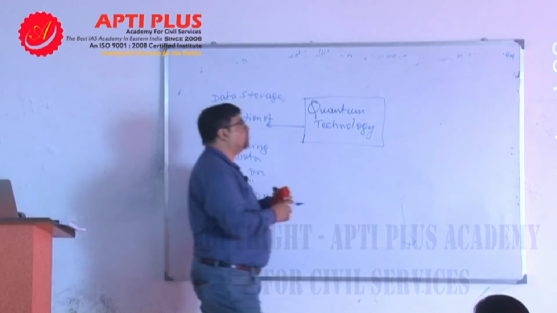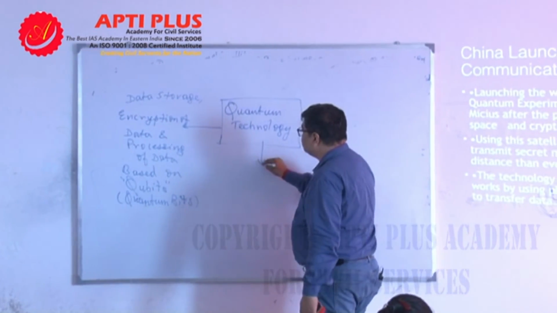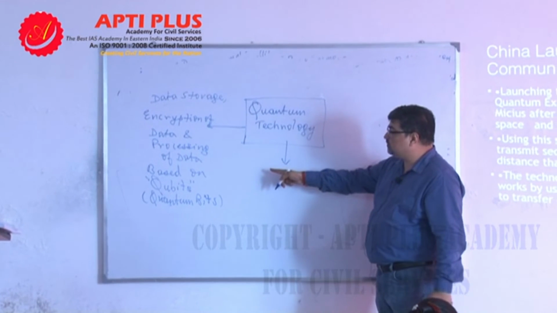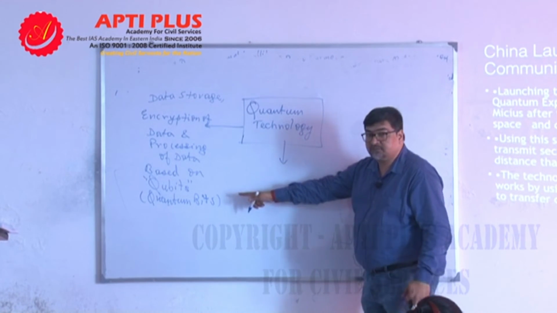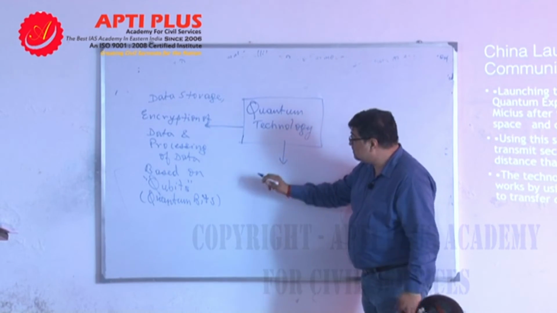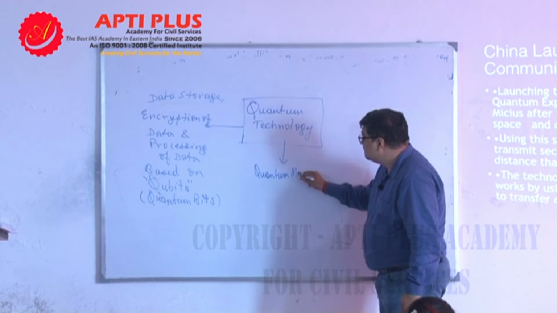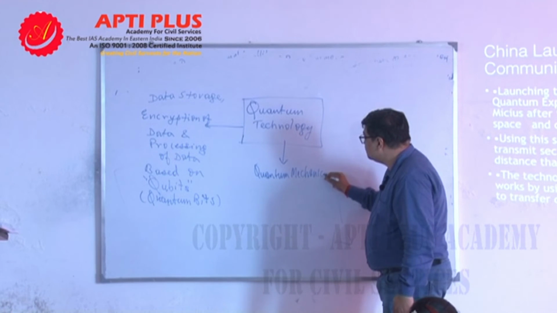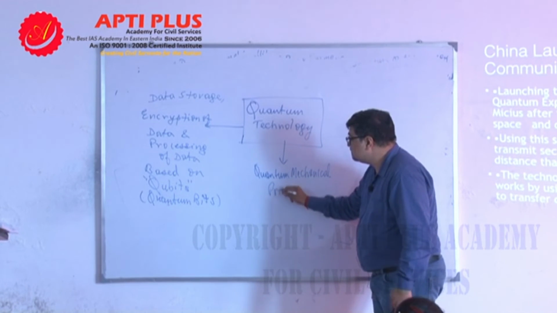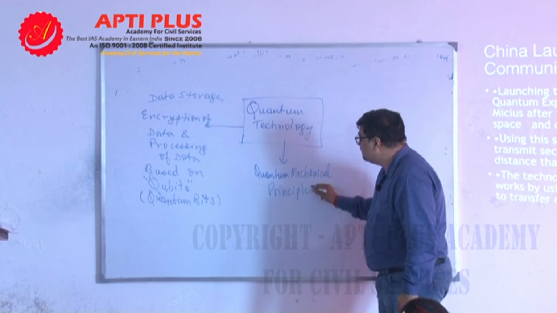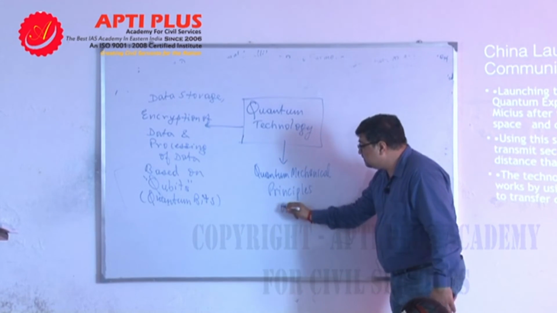Now, the second aspect of quantum technology is that this kind of data encryption and data storage, based on quantum bits, works on quantum mechanical principles. It doesn't follow the normal principles, but the quantum mechanical principles.